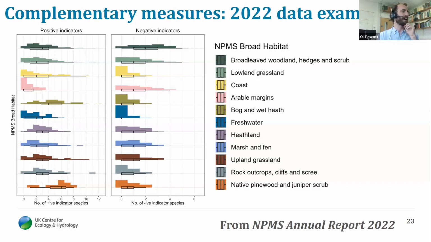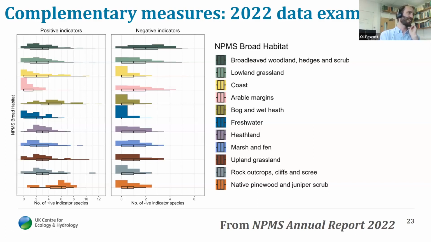But if we take that into account, a few interesting patterns come out of this, one of which is that arable field margins is one of the few habitats where there are quite often more negative indicators than positive indicators.